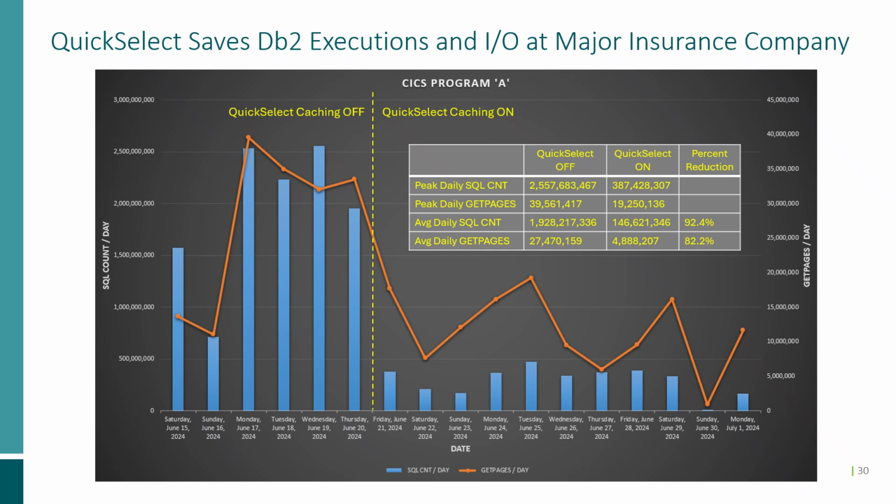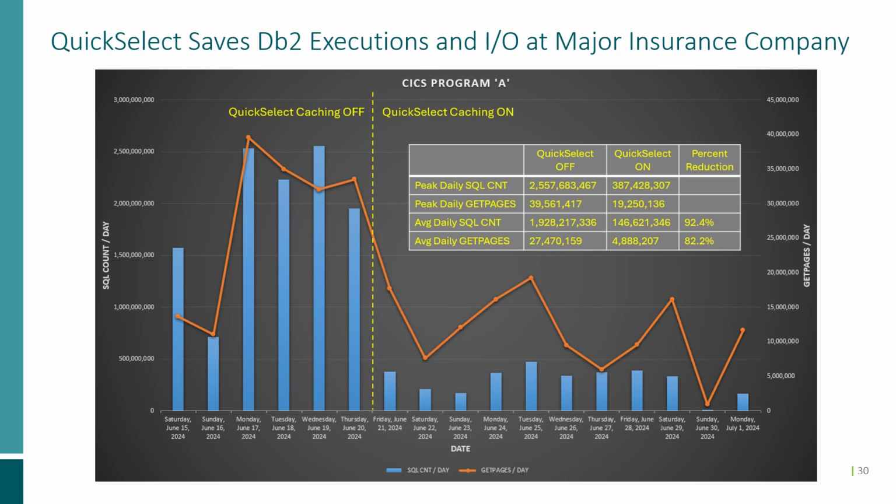If we take a look at our table, we can see that our average daily count of SQL executing directly against Db2 decreases from 1.9 billion to 146 million, or 92.4% of those SQL are now being served by QuickSelect cache as opposed to consuming Db2 resource through repetitious execution.